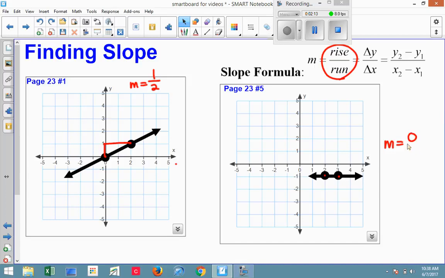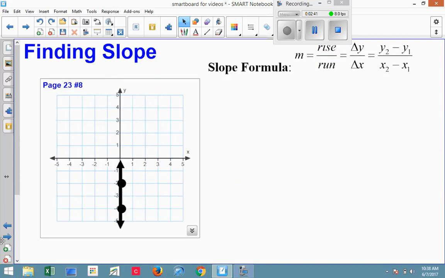So my rise is 0 and my run is 1. We know that we can have 0 in the numerator of a fraction, and when we have 0 in the numerator and another number besides 0 in the denominator, that simplifies to 0. So the slope of this line is 0. If you recall, horizontal lines do have a slope of 0, so that is correct.